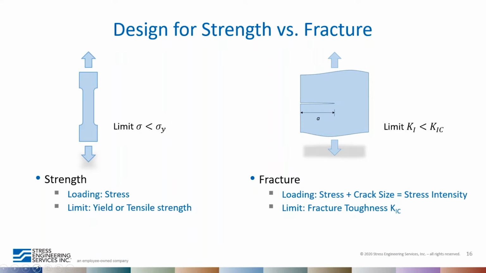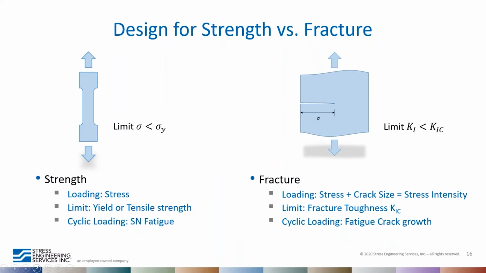The limit in strength design is yield or tensile strength, and so usually we're designing against that limit. When we do a design, we want the stresses to be below yield. Whereas in fracture mechanics assessment, our limit is the fracture toughness, which is the critical stress intensity factor for the material.